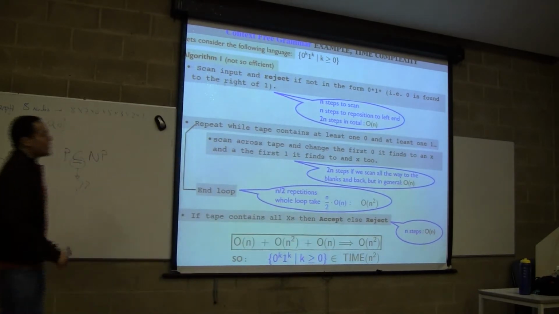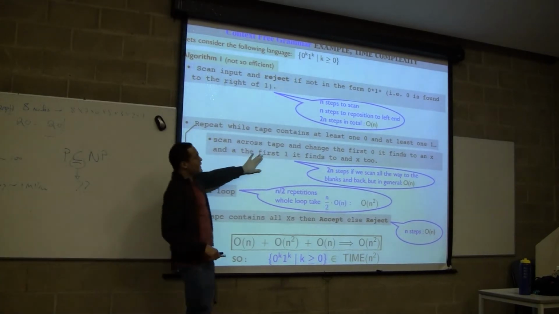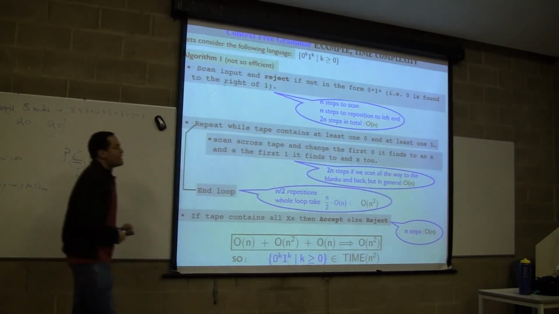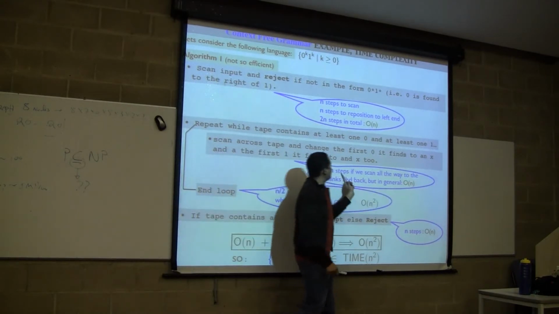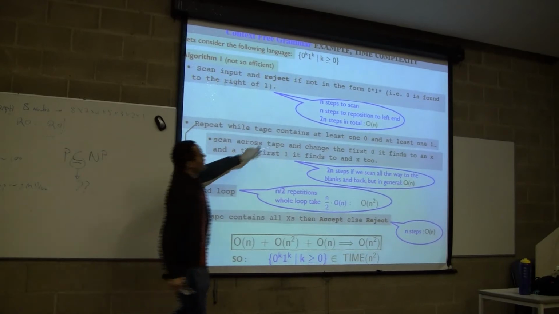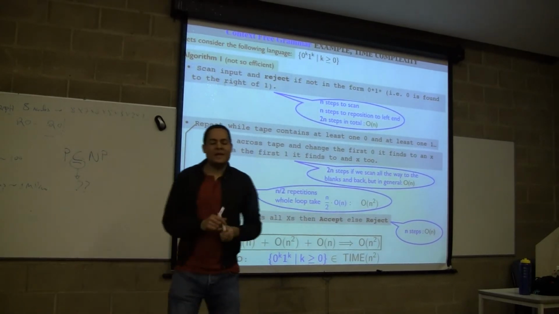Now let's go into the body of the loop, and again, if I do this scanning and crossing axes for zeros, and every 0 is every 1 that I see, again, I might take an order n. Now I say here that I scan all the way to the blanks, which is the worst case scenario.